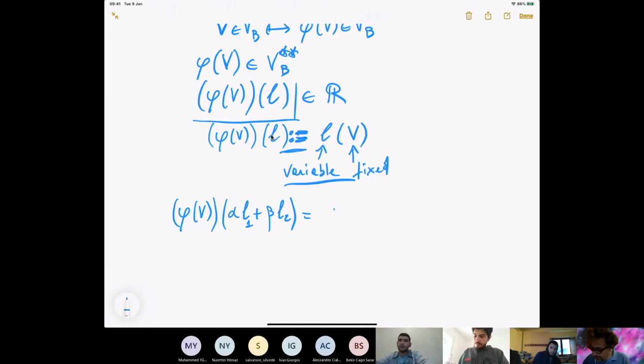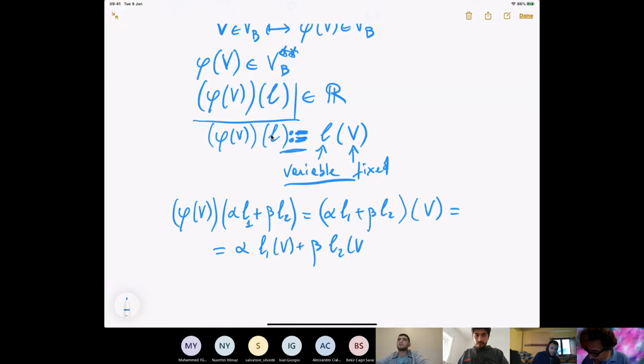By definition, this is alpha L1 plus beta L2 applied to V. This is by definition of linear combination of elements in the dual space. It is alpha L1 V plus beta L2 V. Okay.